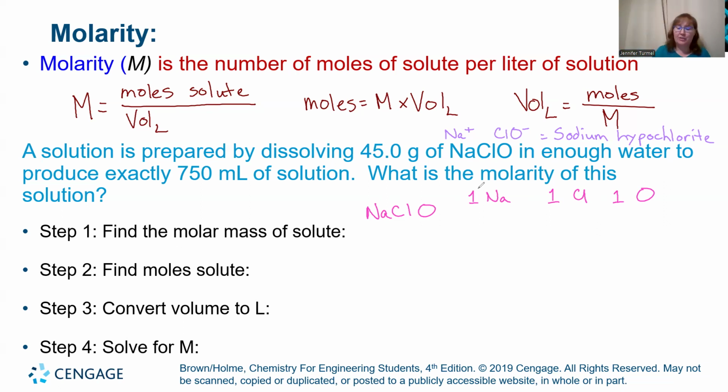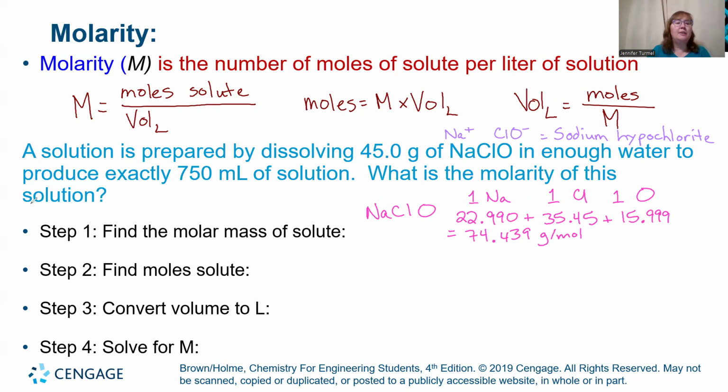Grabbing my periodic table, because I don't have all of this already calculated, I have 22.990 plus the mass of chlorine at 35.45, plus the mass of oxygen at 15.999. And that gives me a molar mass of 74.439 grams per mole.